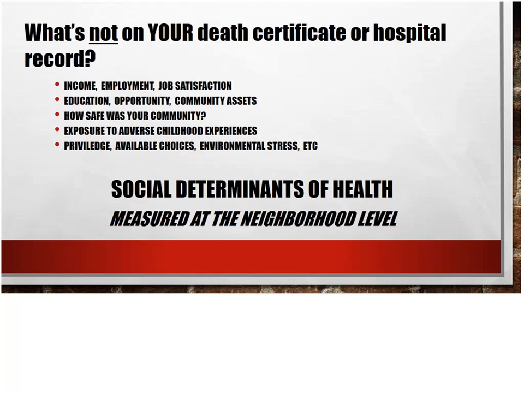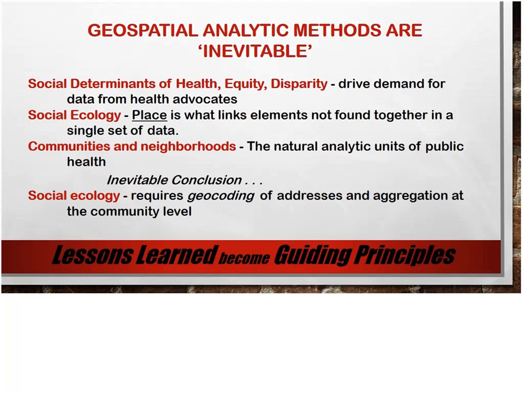That's not necessarily there on a death certificate, but it is what we call the social determinants of health, and it can be collected and measured at the neighborhood level, correct? I think we're all starting to do that more and more. And so one of the things that we learned, and it's become a guiding principle for us, is that these methods, working with geography and geospatial analytic methods, are somewhat inevitable.